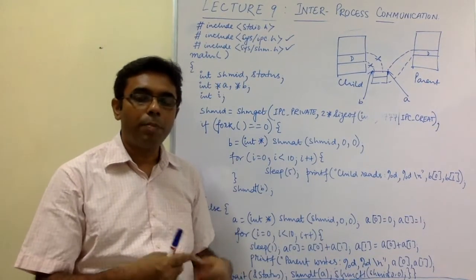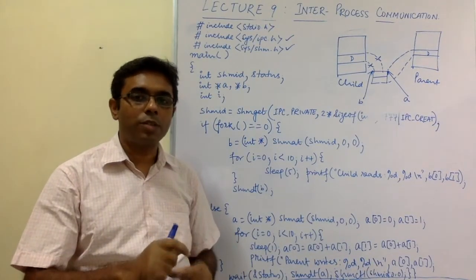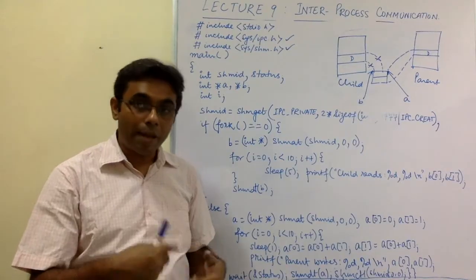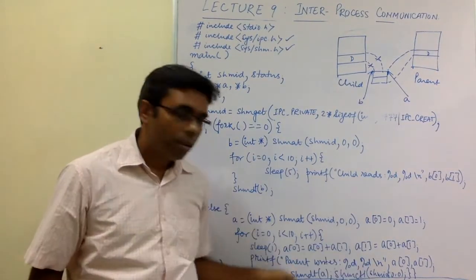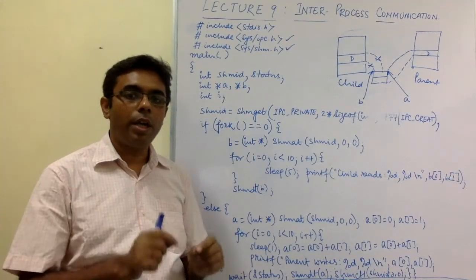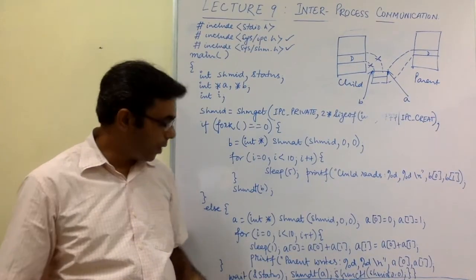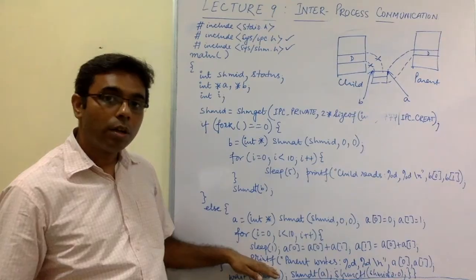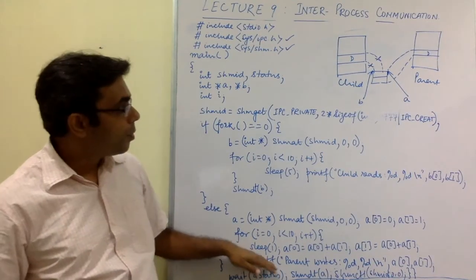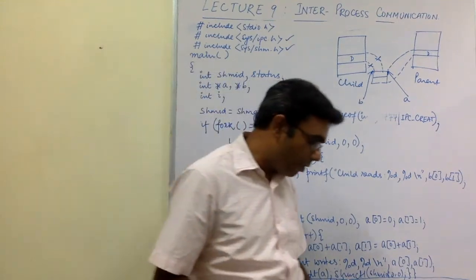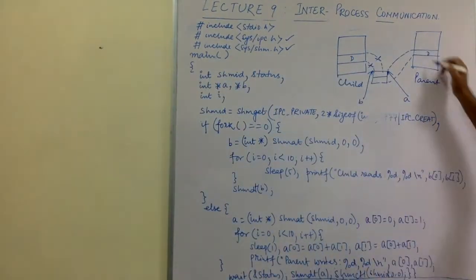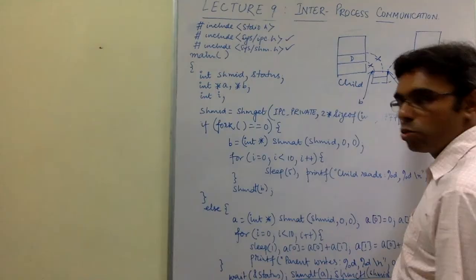The previous two values of A0 and A1, that's what you keep on updating in every iteration of this loop. And the new values that A0 and A1 are updated with, that's what the writer writes into the shared memory.